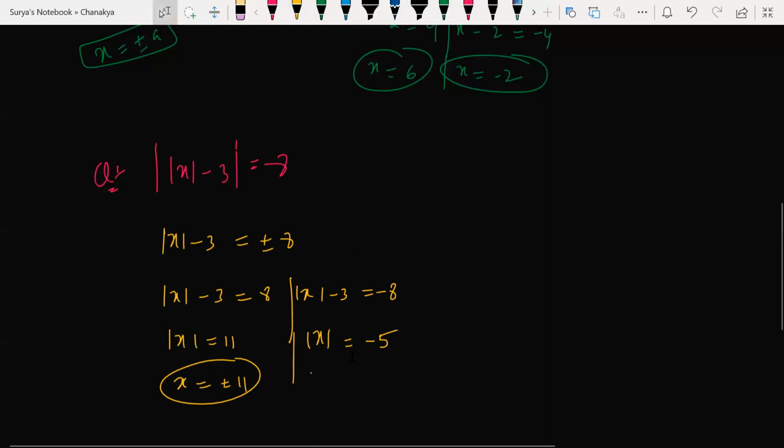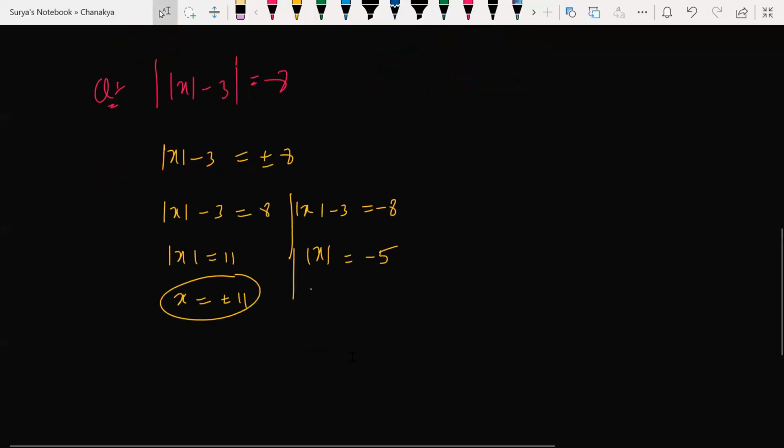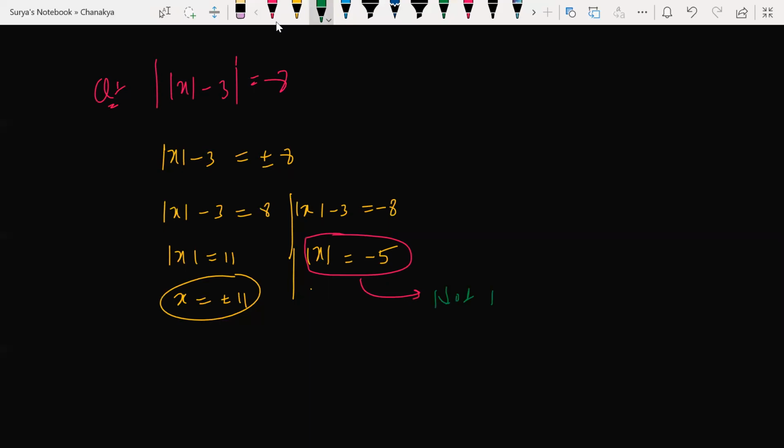Okay, so check whether it is possible or not. But a modulus of x would always, look at this here, this is not possible here. Why? Because it should always be greater than or equal to 0. Correct?